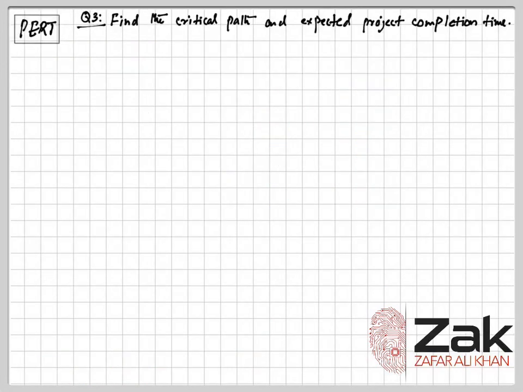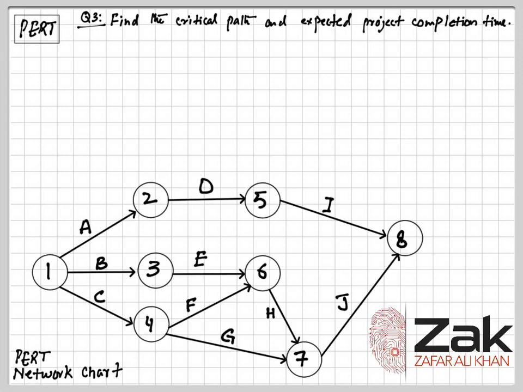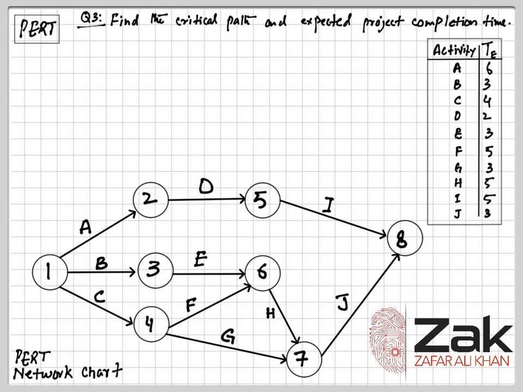After finding variance and mean time, we have the third question that says to find the critical path and expected project completion time. For the critical path over this project diagram that we have created already, we first require all the expected time durations which we calculated in question number 2 to be placed on this chart.